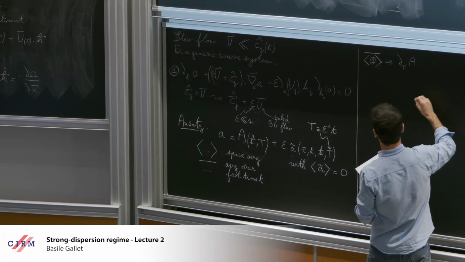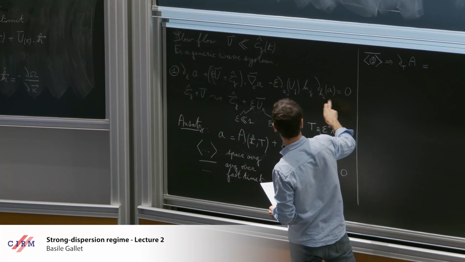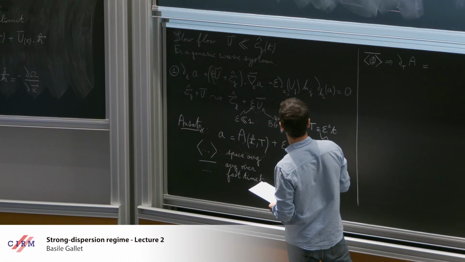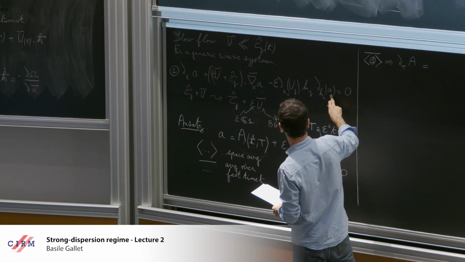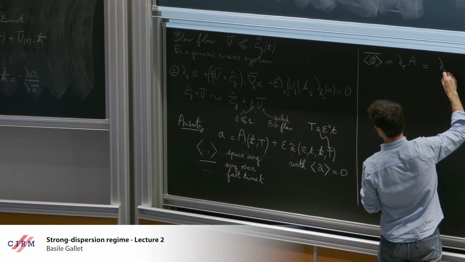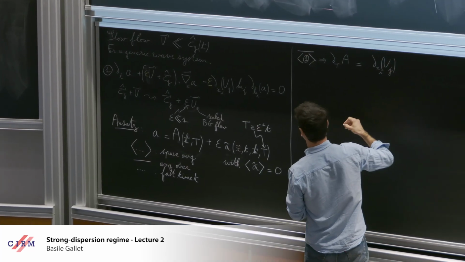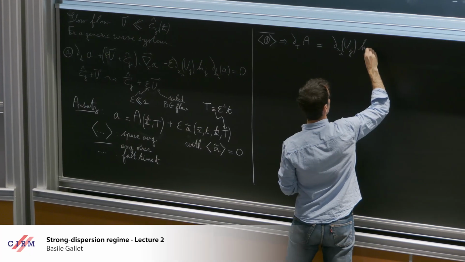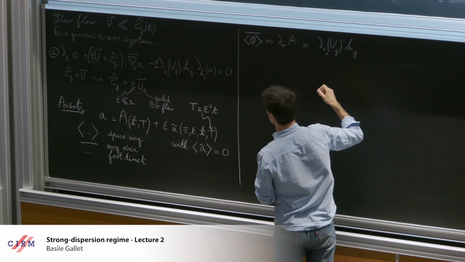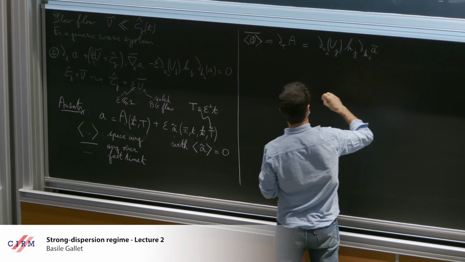Okay, and so I'm left with this right-hand side contribution, which I evaluate to order epsilon squared, so this will be A tilde here. Okay, so this will be dxi of uj, kj, dki of A tilde.